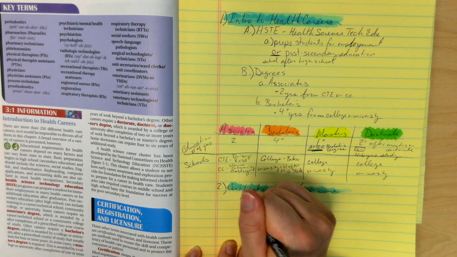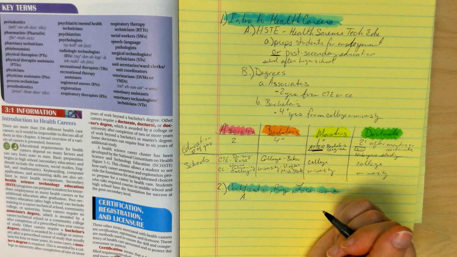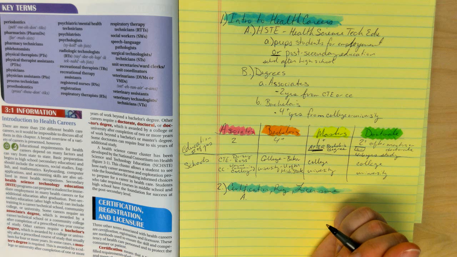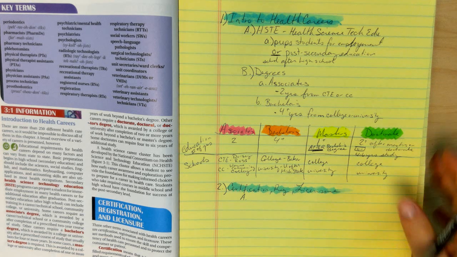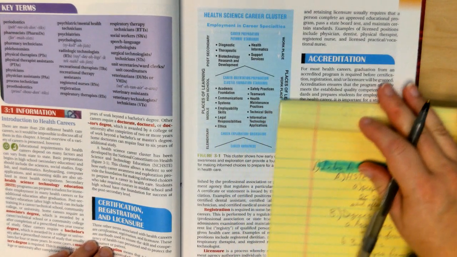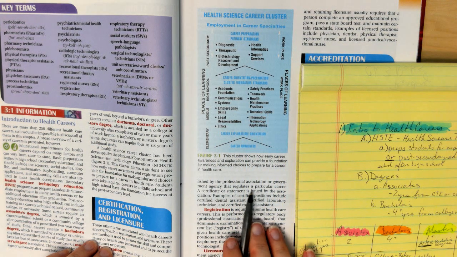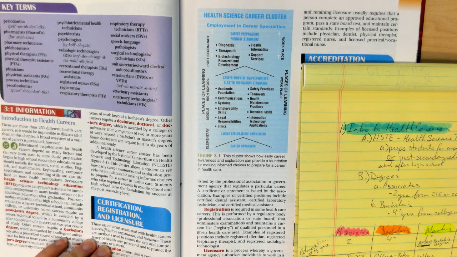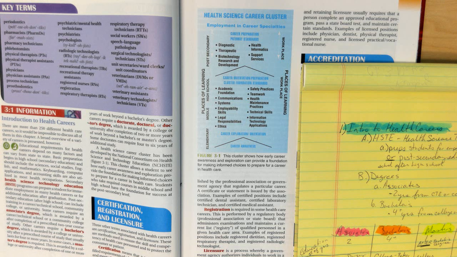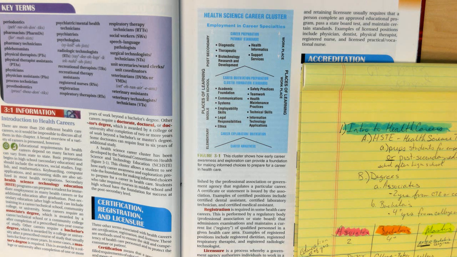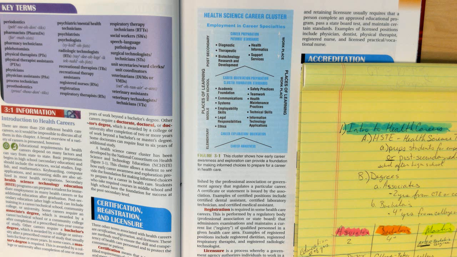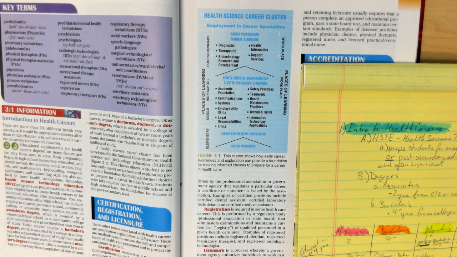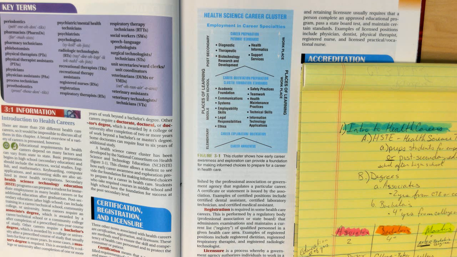So the very first thing is going to be certification. It means that a person has fulfilled requirements of education and performance and meets the standards and qualifications established by the professional association or government agency that regulates a particular career. That's a lot. I don't want to write all that. If I read it again, it means that you fulfilled requirements of education and performance standards that were placed by a professional association.